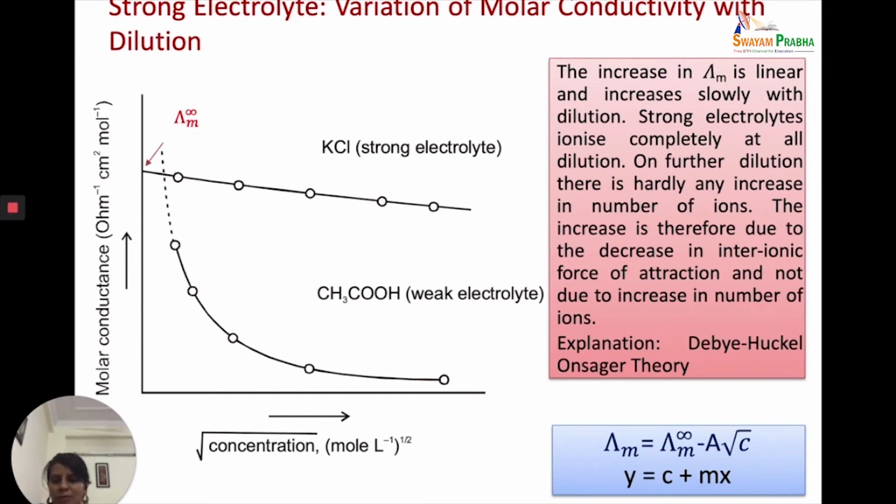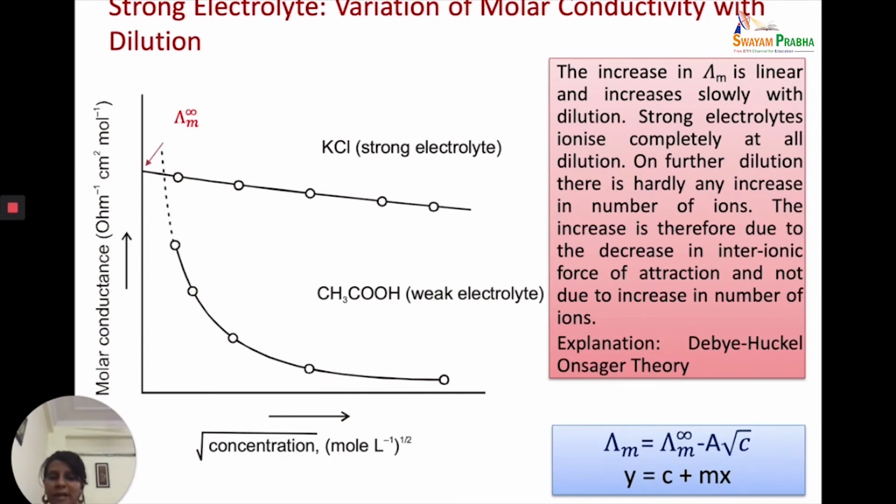Now, why was the increase there? We've already discussed why. Because when you dilute the solution, the number of ions per unit volume decreases, kappa decreases. But this decrease in kappa is very little as compared to the increase in the volume of solution. Because in case of strong electrolytes, they are already dissociated in solution. So whether you take a concentrated solution or a dilute solution, the electrolyte is already going to be dissociated.